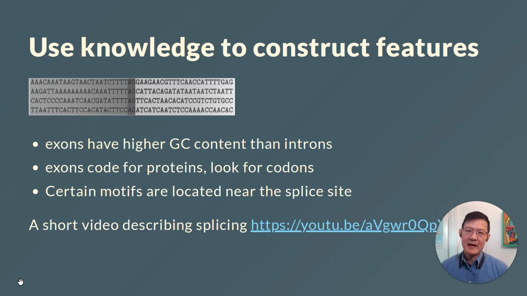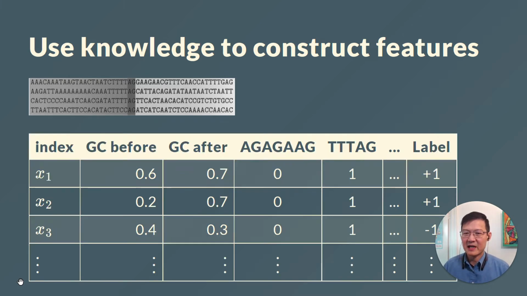And in fact, because the translation is executed by a physical object, this physical object recognizes certain sequence patterns near the splice site to be able to recruit this splicing machinery. Okay, and we can watch this brief video there.